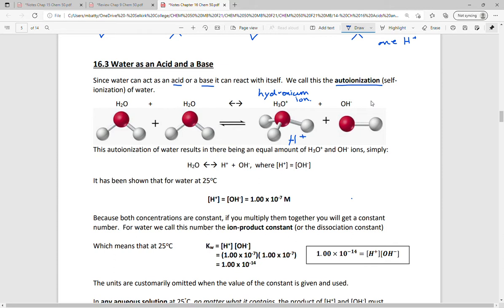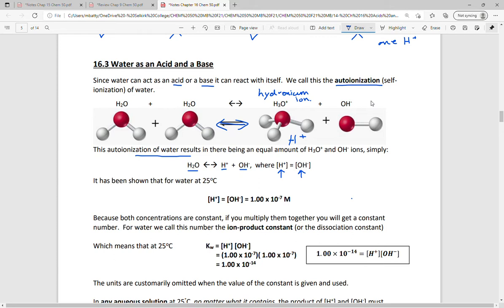And so this autoionization of water results in there being this constant sort of flux or change between these different molecules. And so if we have water, it's going to autoionize into the hydrogen ion and the hydroxide ion. And so in these ones, there's going to be a constant composition where the hydrogen ion and the hydroxide anion actually each will equal each other.